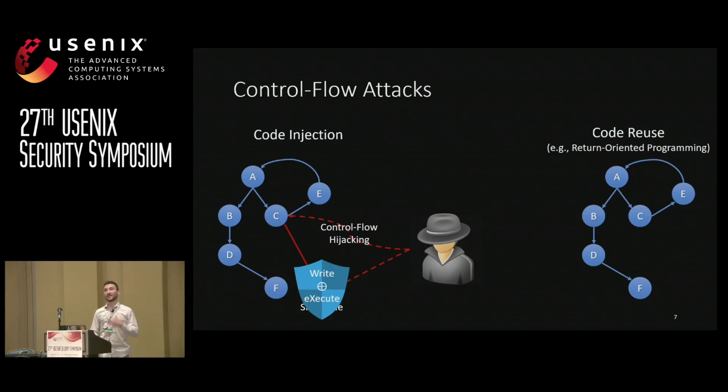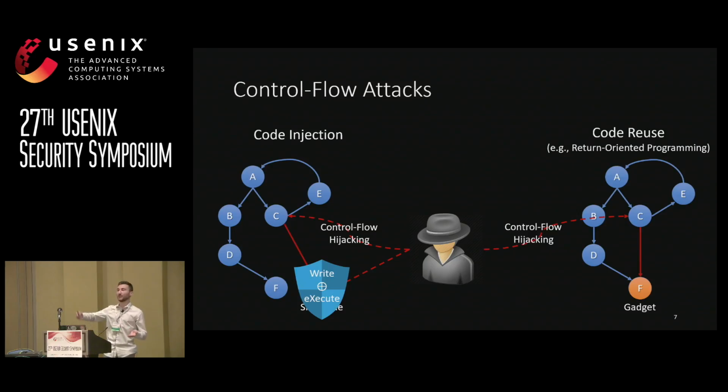The other category of control flow attacks is code reuse, for example, return-oriented programming. In code reuse, instead of trying to inject new code, we reuse code that's already in the application. We choose some small parts of the application called gadgets, and we use techniques such as ROP to chain together those gadgets. For example, ROP chains together small sequences of instructions that end in a return instruction through the stack.